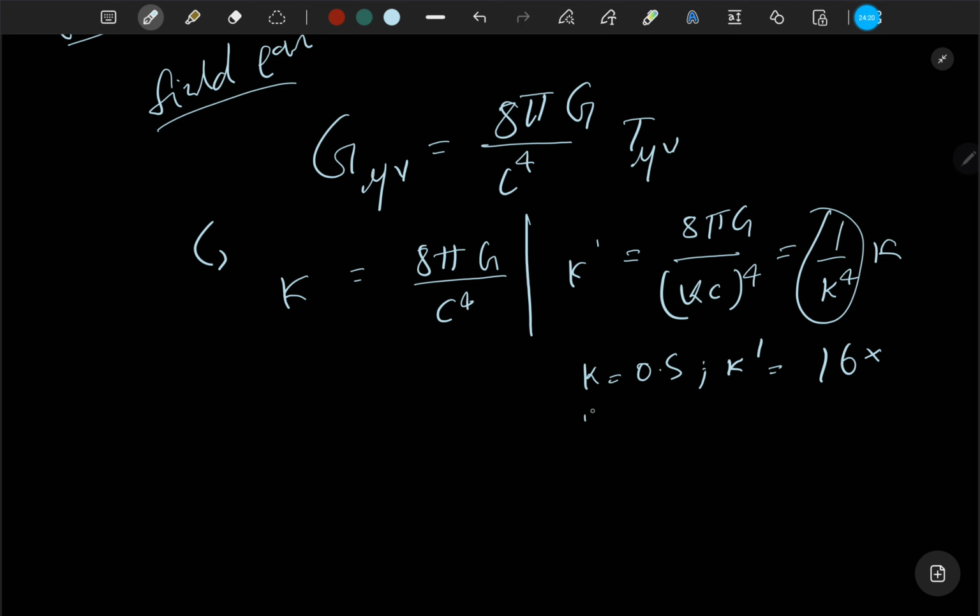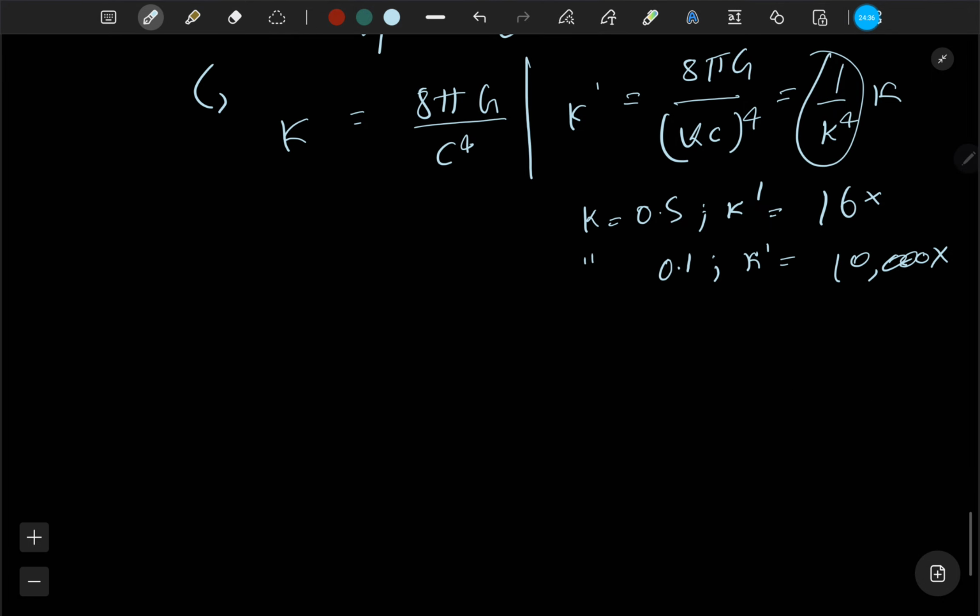And if k is 0.1, then kappa is very significantly larger, like more than 10,000 times larger. So yeah, that's there.